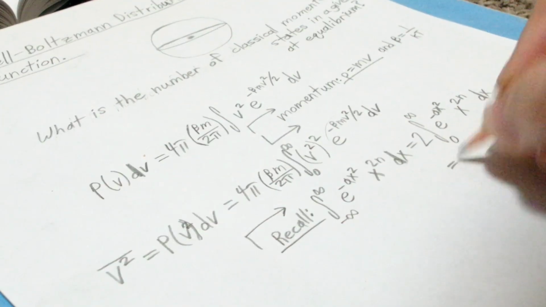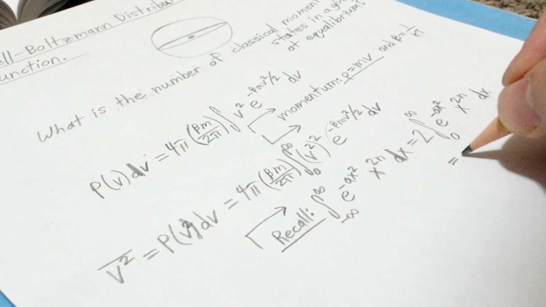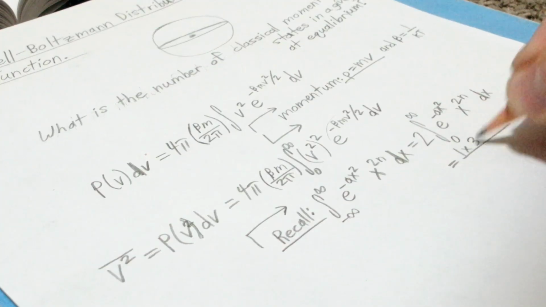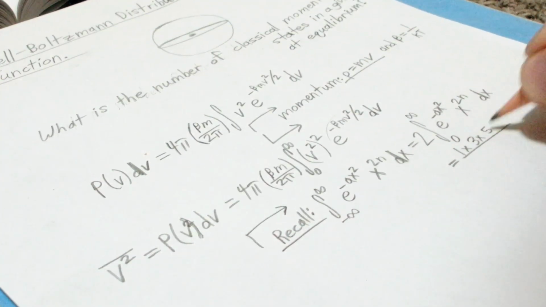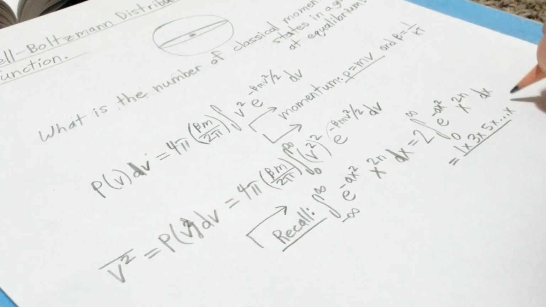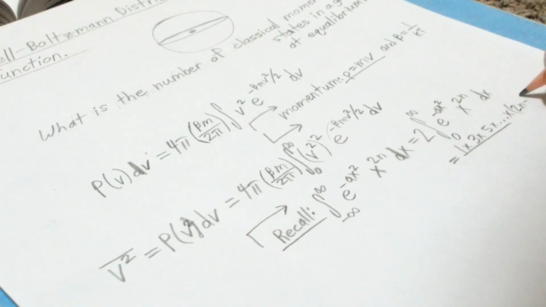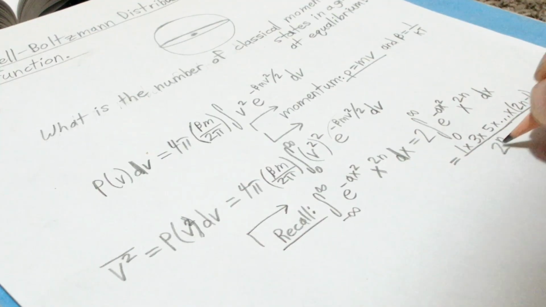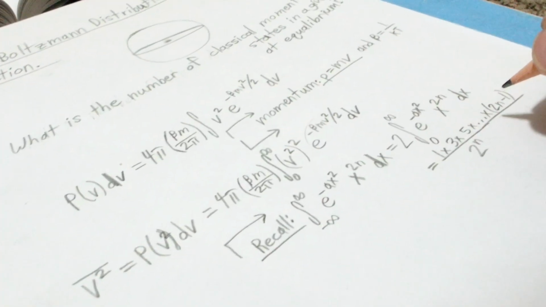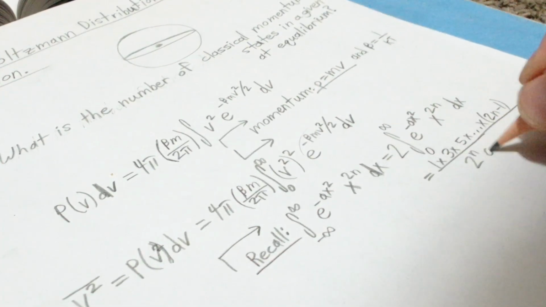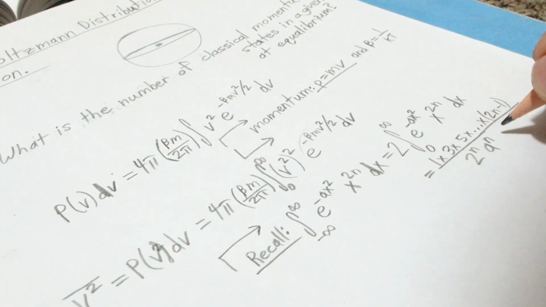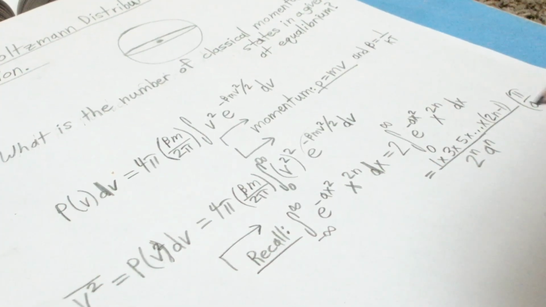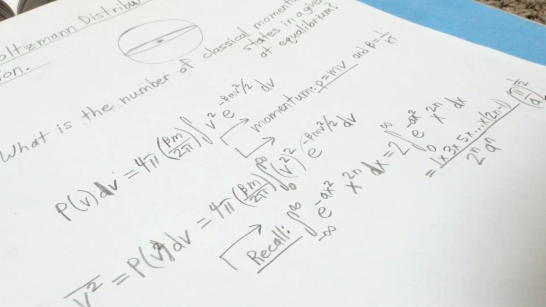Basically, all of this can also be reduced down to 1 times 3 times 5 times dot dot dot times 2n minus 1, this kind of series, over 2 to the n, times pi over a to the 1/2 power.